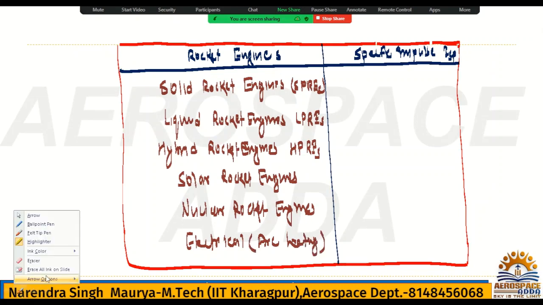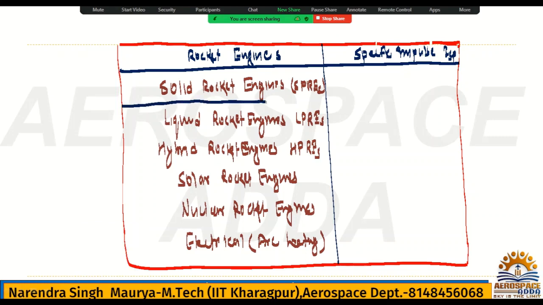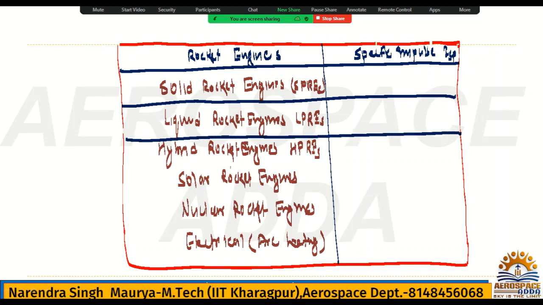Each one has its own ISP value, and they ask for these values in examinations.